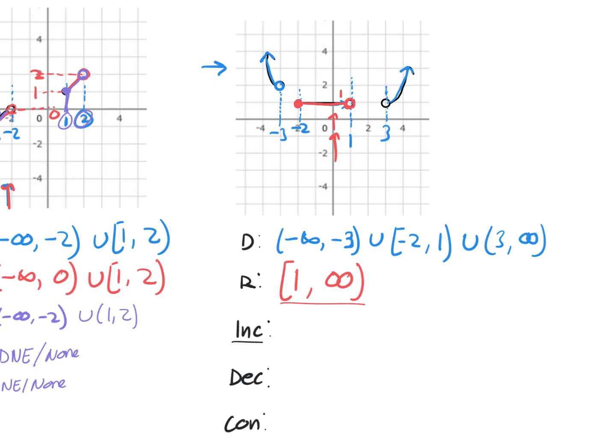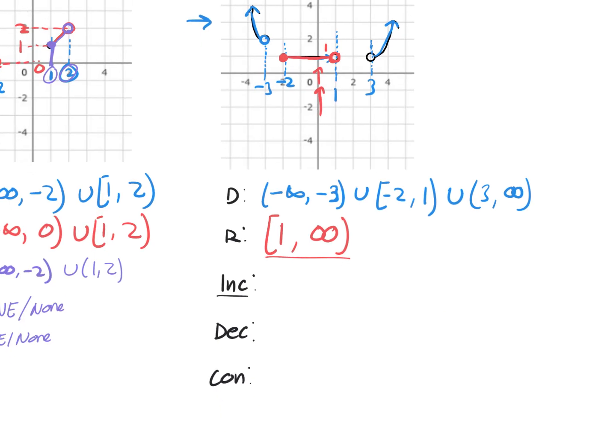And if I pick, let's say, this point right here and this point right here, to go from here to here, I have to go down. So we are going down forever and ever until you get to this point right here at -3. So we're not going to be increasing at that interval. We're going to be decreasing. So we're actually going to decrease from negative infinity to -3.